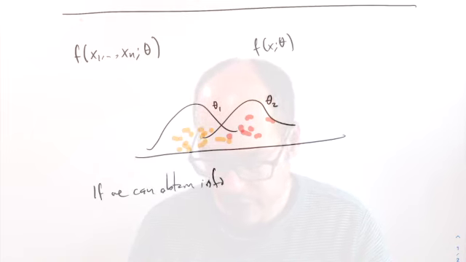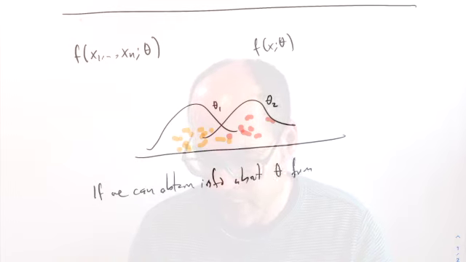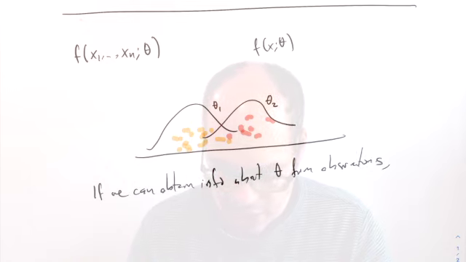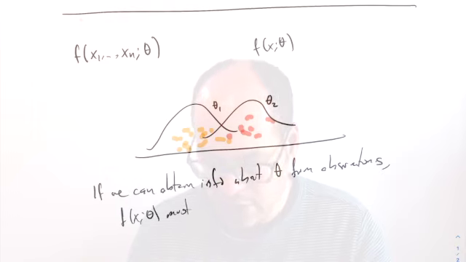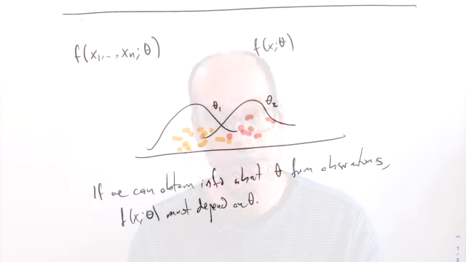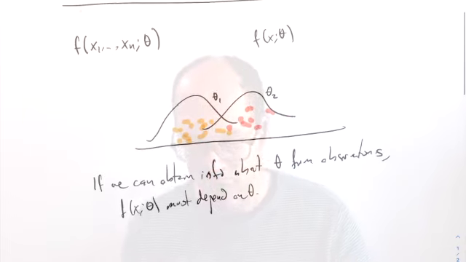So let me just say, if we can obtain information about theta from our observations, f of x, theta must depend on theta. This is a pretty obvious thing, but it gives us a handle on what it means that all the information about theta is contained in theta hat, or that no additional information can be obtained in some other way.